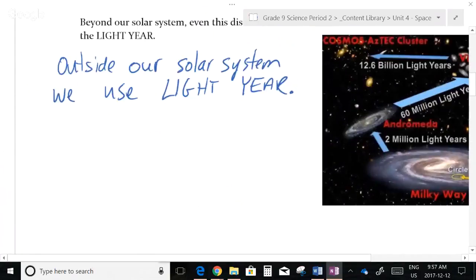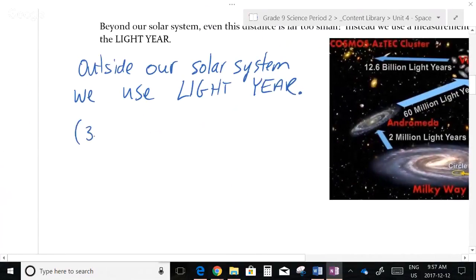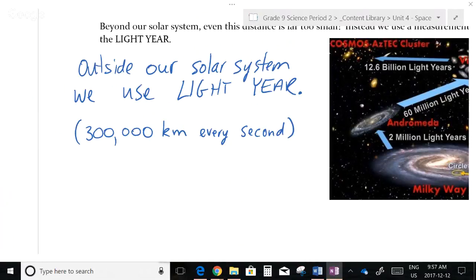Good. So light travels 300,000 kilometers every second, which is a long distance. Light goes 300,000 kilometers in one tick of the second hand of a clock.